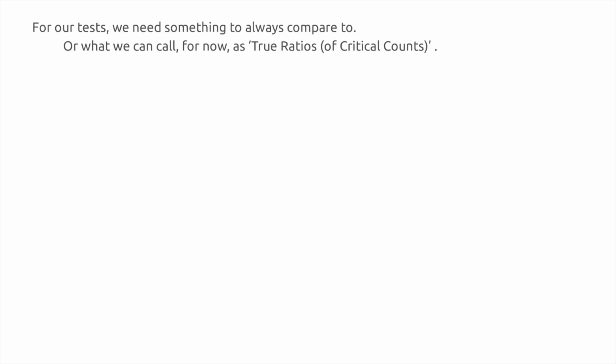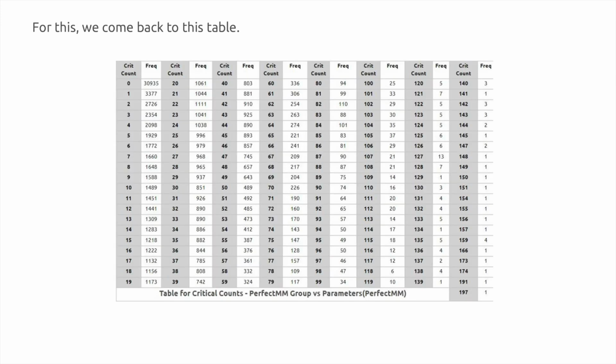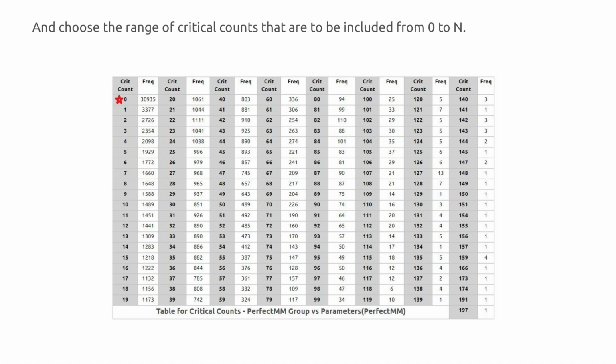For our tests, we need something to always compare to, or what we can call for now true ratios of critical counts. For this, we come back to this table and choose the range of critical counts that are to be included from 0 to n.